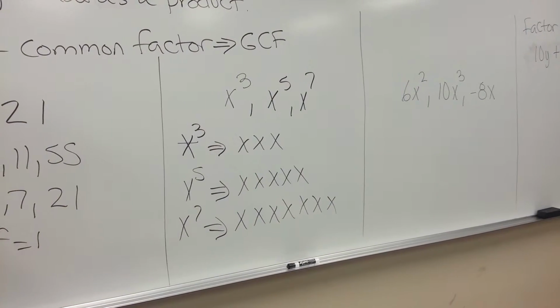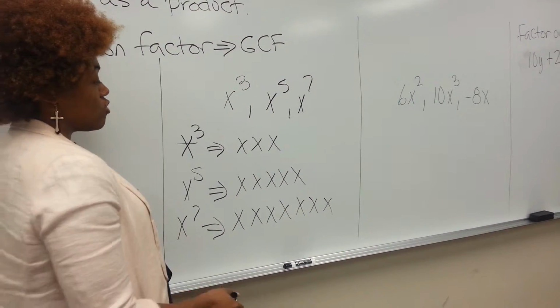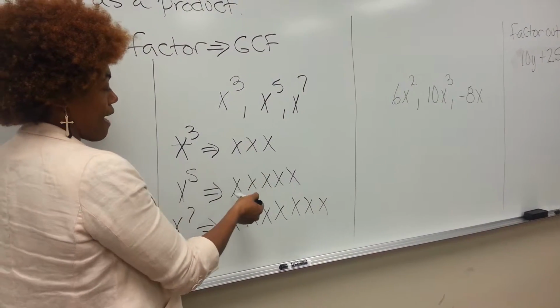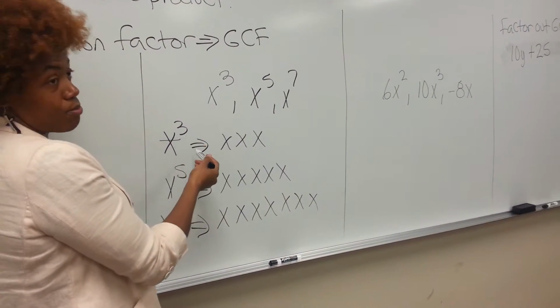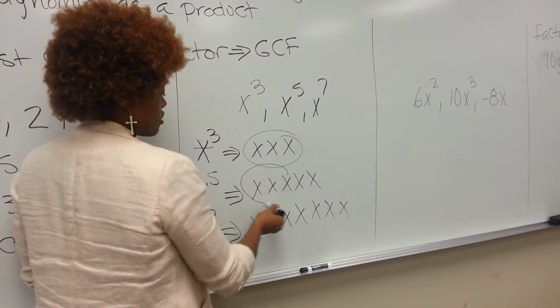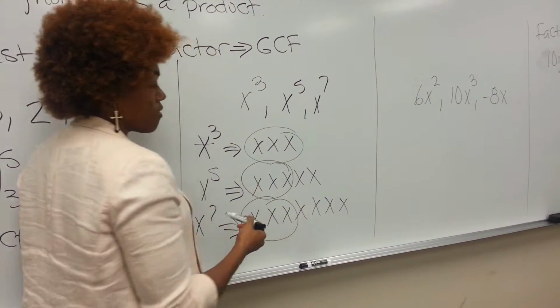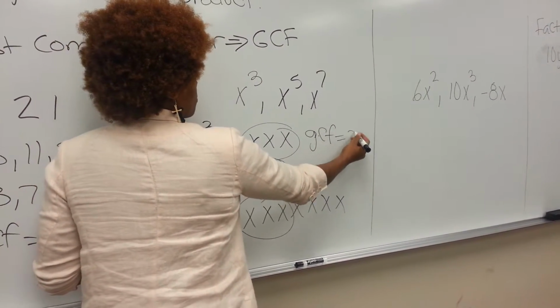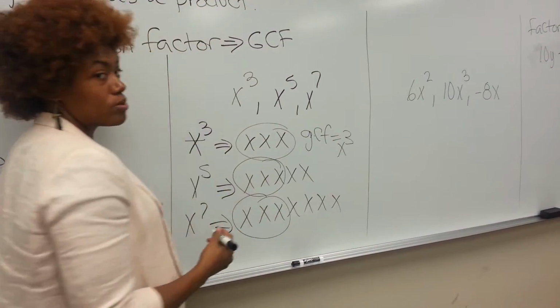Right? So the best way to say that you have the greatest common factor with the variables is you take the lowest amount or the lowest exponent of the variable. Because there's 3 here, there's 3 here, and there's 3 here. That would mean that the GCF would be x cubed.